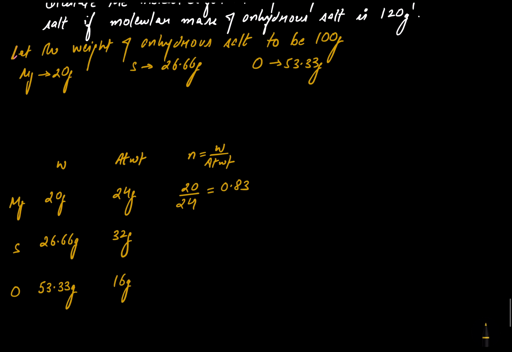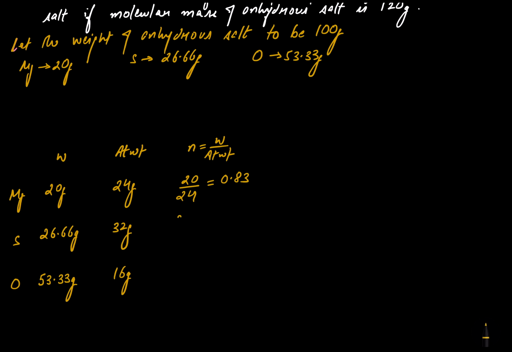Now for sulfur, 26.66 divided by 32, it again comes out to be 0.83, and for oxygen, 53.33 divided by 16, and it comes out to be 3.33.